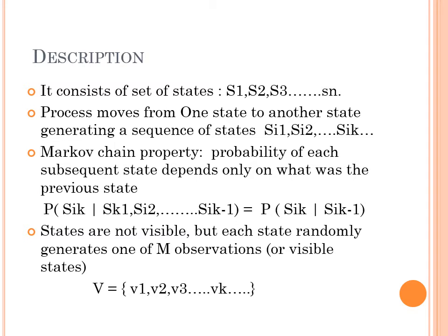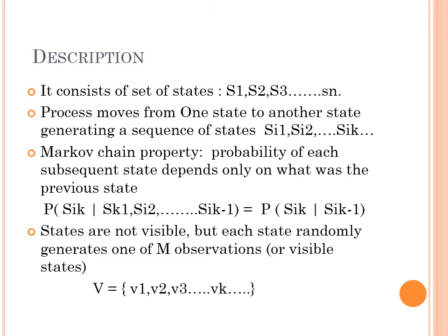Let us consider there is a set of states varying from S1, S2, S3 up to Sn. Now the process moves from one state to another state, generating a sequence of states denoted by Si1, Si2 up to Sik.